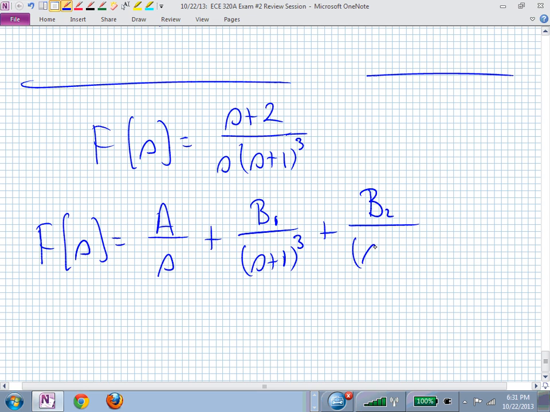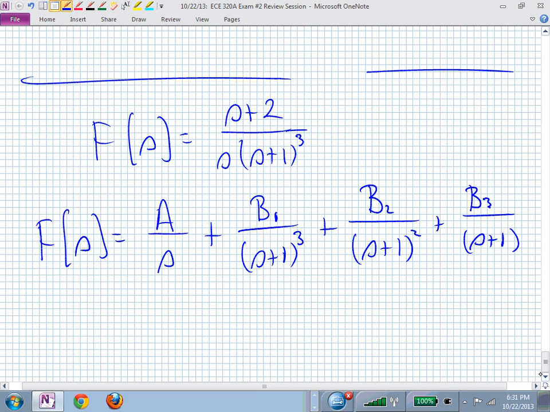So I'll just keep going with those until I have my power of that factor, S plus 1 to the 1. And now I need to find my A's and the B's. But which of these A's and B's can I find using case 1? A and B1, right?